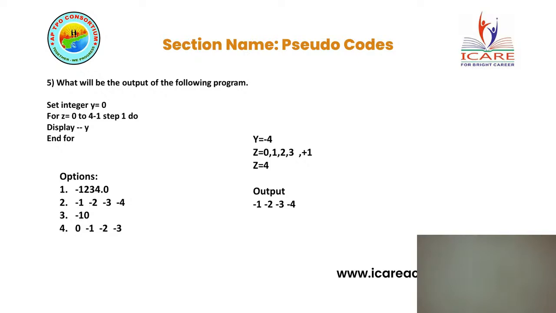We have the condition 0 to 4 minus 1, only 0 to 3, that means 0, 1, 2, 3. And here we are getting the z value as 4, which means the loop will stop. So we get the output as minus 1, minus 2, minus 3, minus 4. So within the given options, the second option is our answer. Hope you all have understood that.